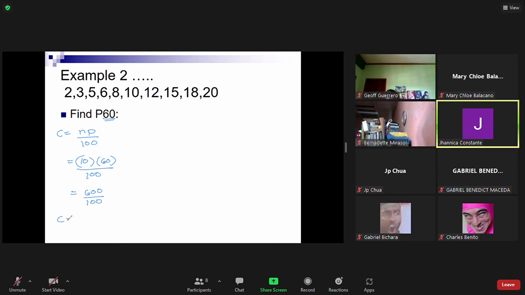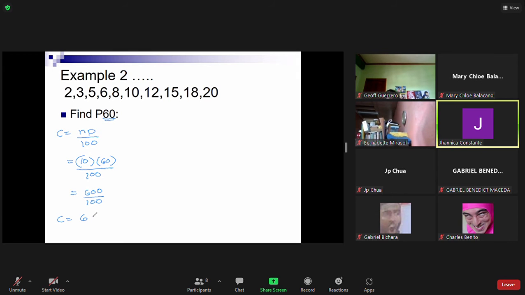So C is equal to 6. So we have a whole number value for C. If we have a whole number value for C, we're going to get two positions, identified from the value of C that we have.